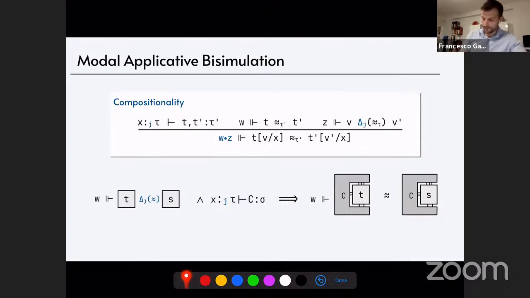The statement tells us that if we want to check whether two compound programs are equivalent at the world W, it is enough to look at their components in isolation, indeed at the same world W, but now the equality should be modified according to the comonadic Lax extension.